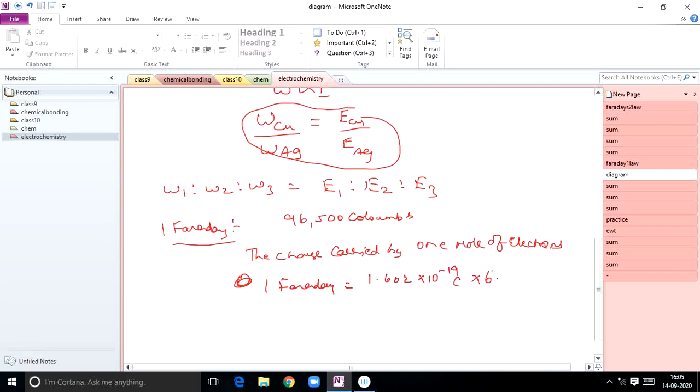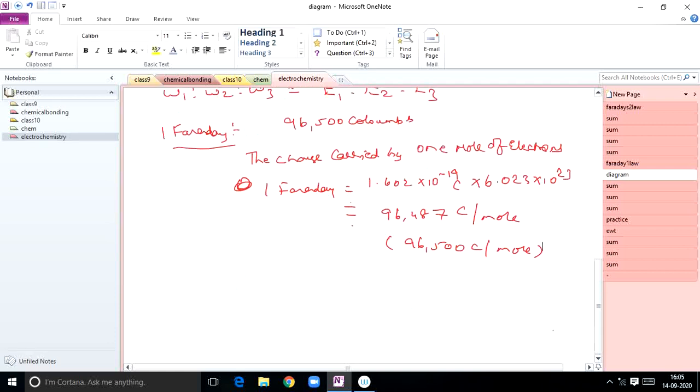It is the charge carried by Avogadro number of electrons. 1 mole means Avogadro number, 6.022 into 10 power 23. If you multiply, strictly speaking, you will get 96,487 coulomb per mole. So approximately, for easy calculation, in most cases we will take it as 96,500 coulomb per mole. That is very important, students.